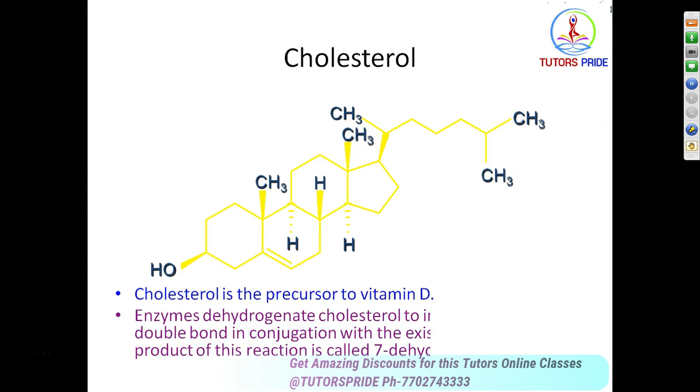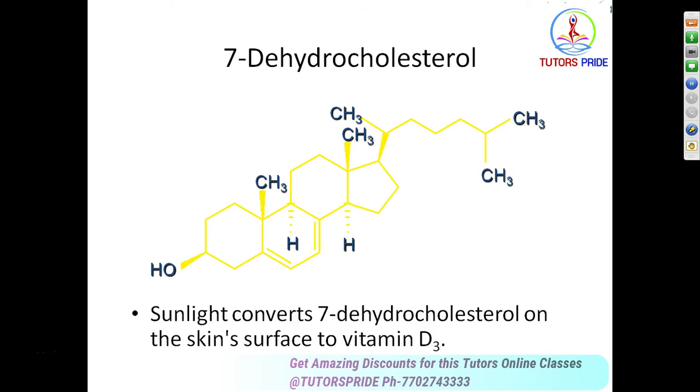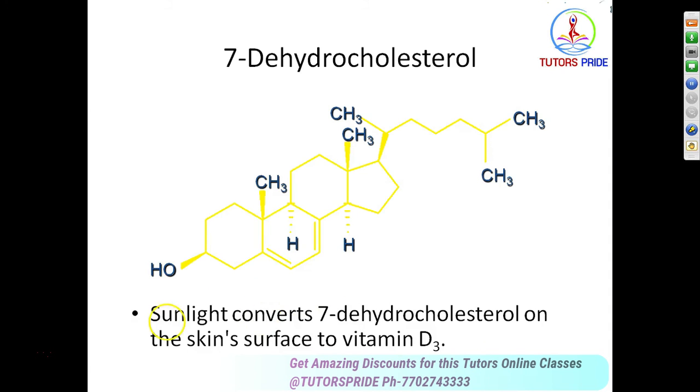Vitamin D, also calcitriol, as you have seen there. How vitamin D is produced, we will see. The 7-dehydrocholesterol molecule is there. Sunlight converts the 7-dehydrocholesterol on the skin surface to vitamin D3. As I showed you, cholesterol is converted to pre-vitamin D3, then vitamin D3.